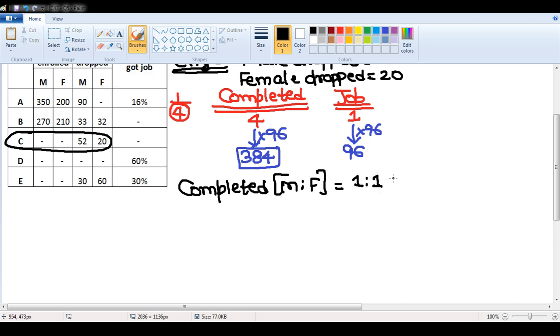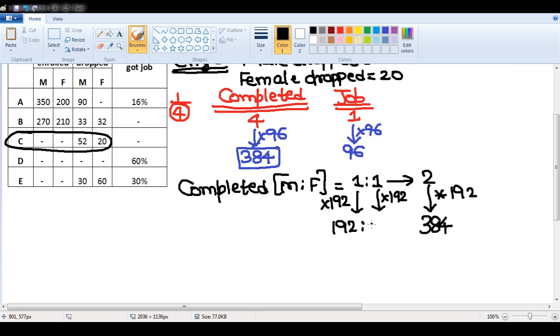According to the ratio, 1 plus 1, 2 people completed. According to the question, we just calculated that 384 people completed. 2 is becoming 384, multiply by 192. 1 also multiply by 192. 192 male completed. 1 also multiply by 192. 192 female completed. 192 male have completed the course, another 192 female have completed the course.